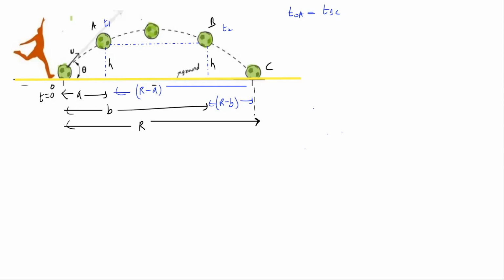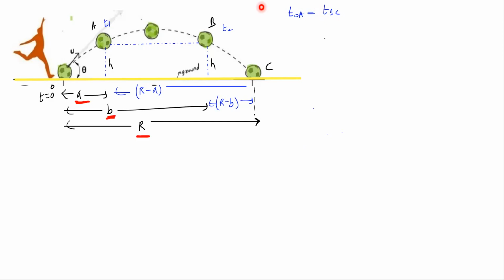From the previous discussion, we brought expressions for T1 and T2. Let's compare A and B. I'm trying to relate A, B, and R, how they are related.